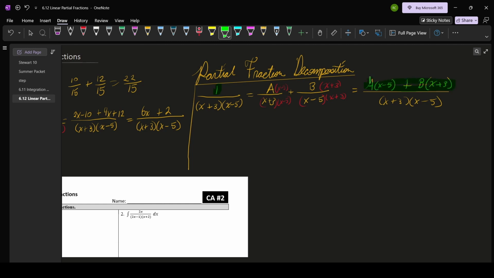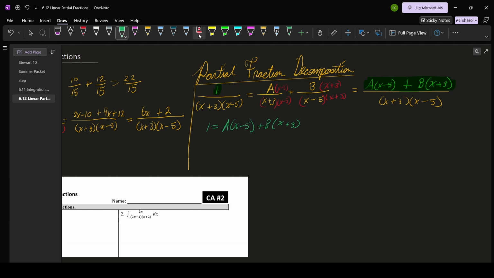And this is one of the first steps of partial fraction decomposition. So we're going to take these two values that I've highlighted in green and set them equal to each other. If we take our numerators, we get 1 equals A times x minus 5 plus B times x plus 3. Now we need to find out what A and B are.